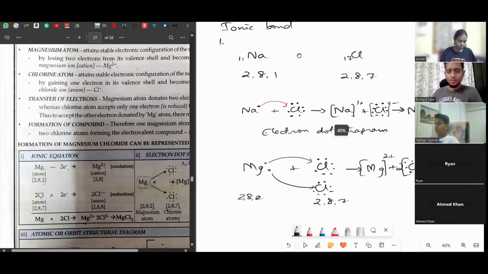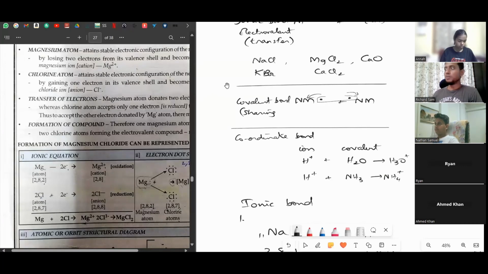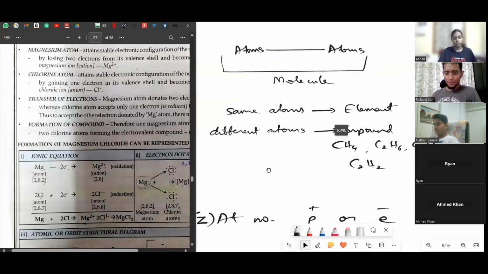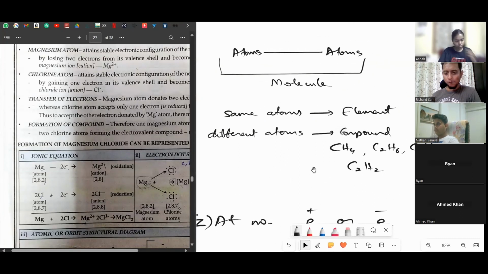Okay. Now, what's the next type of bond? Covalent bond. So here, as we saw at the start of the chapter, atoms join to form molecules. These atoms could be the same atoms or they could be different atoms.